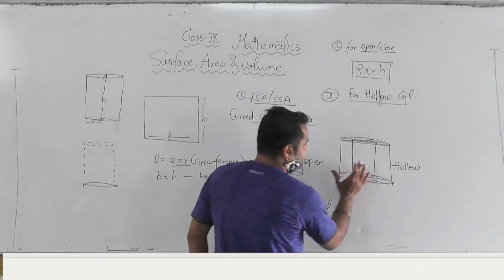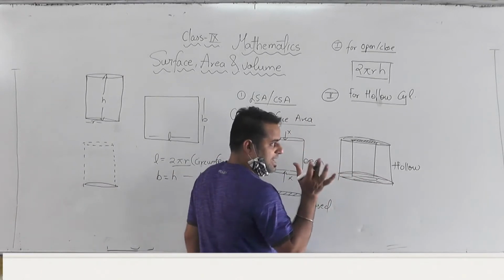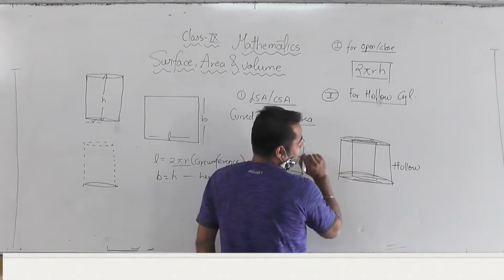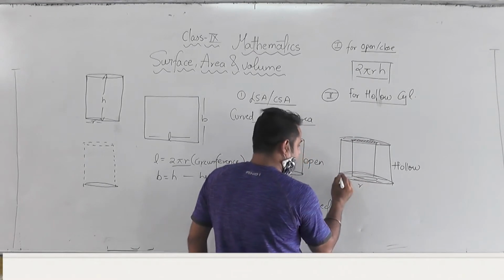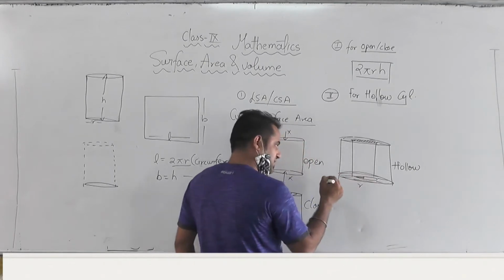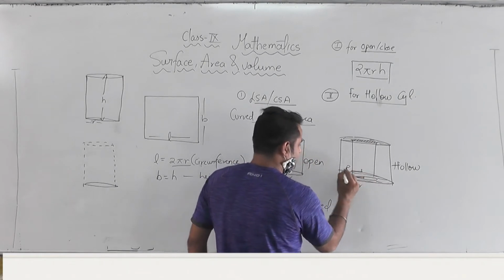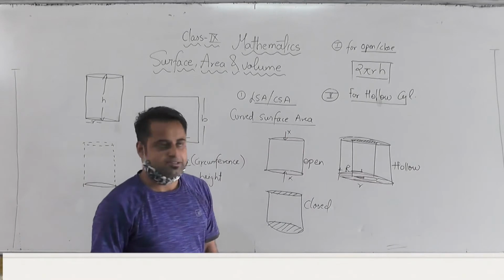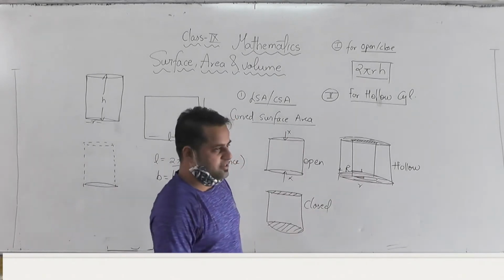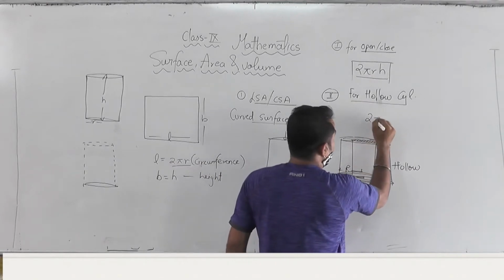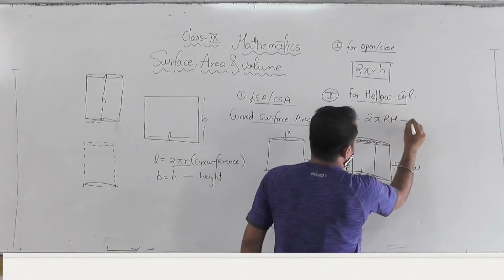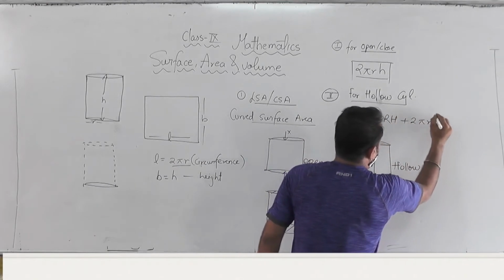Since these curves have different diameters, their radii are different. The small cylinder we took has small r, and the bigger cylinder from the same center has capital R. From these two radii we get two different surface areas. So the total curved surface area of the hollow cylinder is 2 pi RH plus 2 pi rh.